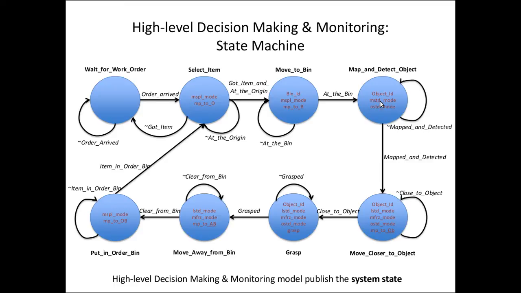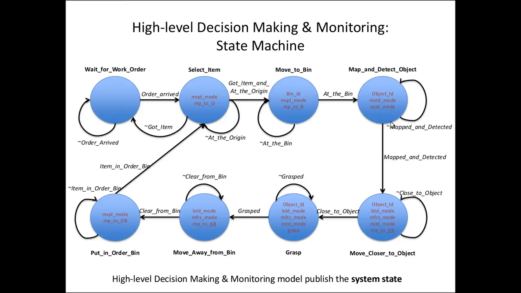In this mode of operation, the map will actually be built, a fresh map of the shelf in front of the arm. And at this point in time, we already know the object ID and other things will happen, but using this mode of operation, we can then guarantee that we are going to have the map.